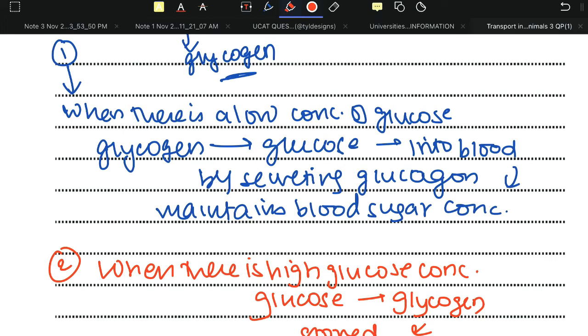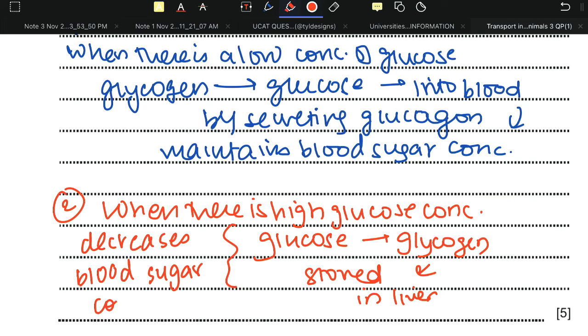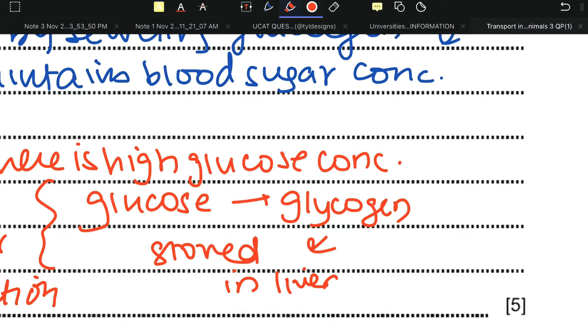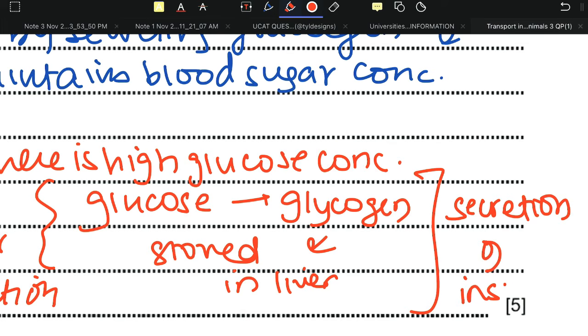So this decreases the blood sugar level or blood sugar concentration, and helps to maintain the blood glucose level. This happens due to the secretion of insulin. You have to write the name of these hormones.